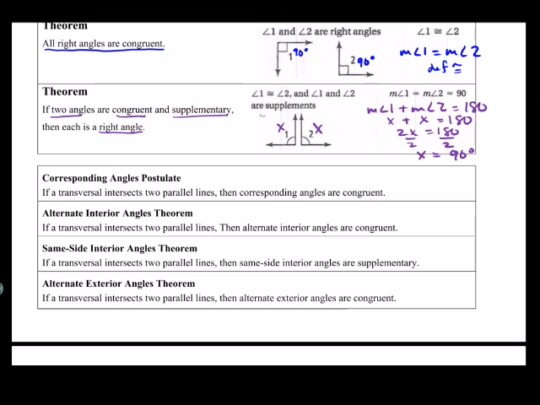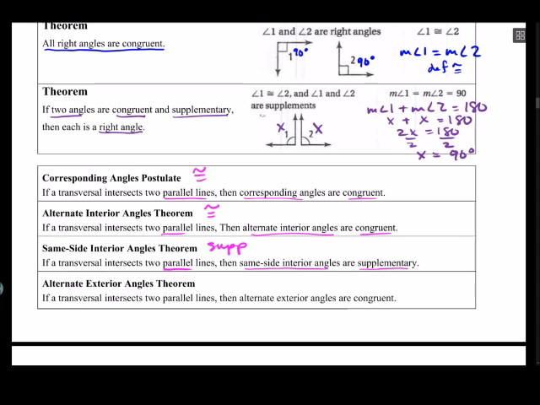And finally, some old friends. If our lines are parallel, corresponding angles are congruent. If our lines are parallel, alternate interior angles are congruent. If our lines are parallel, same side interior angles are supplementary.